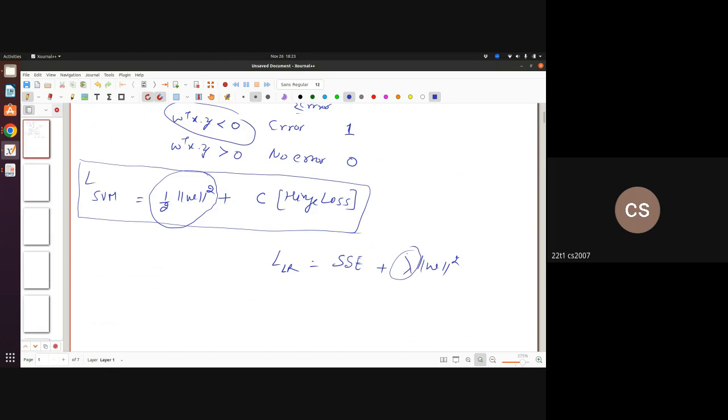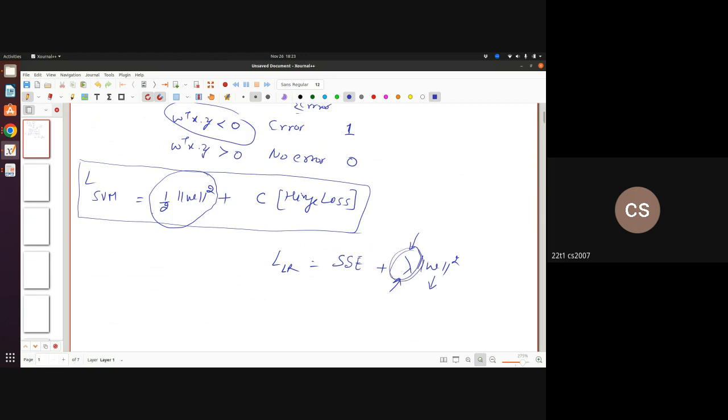This lambda was the regularization strength. What would happen if you increase the value of lambda? The length of W squared will decrease. When you increase the value of lambda, the strength of regularization increases and the length of W further reduces, which means regularization is directly proportional to the value of lambda, right?